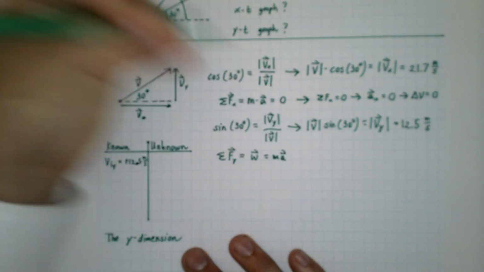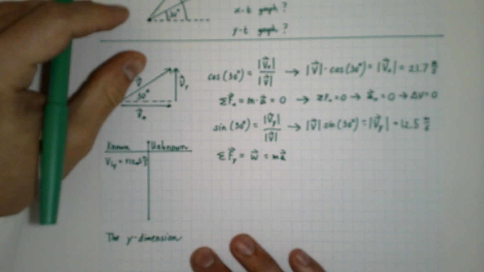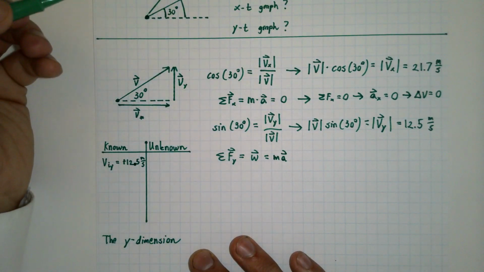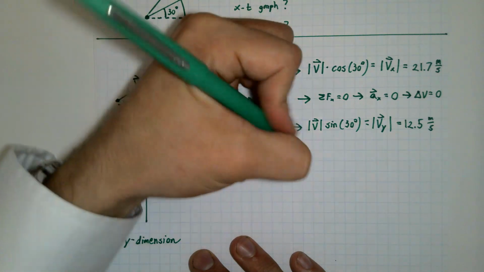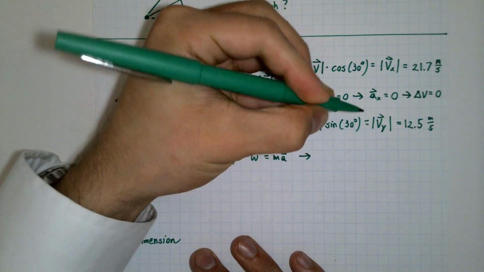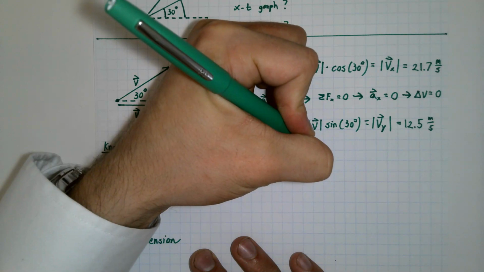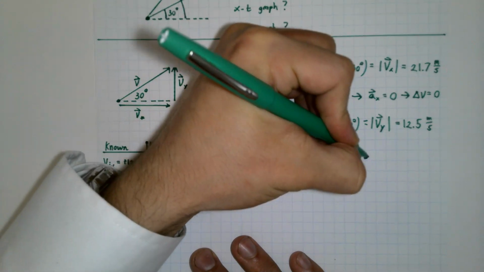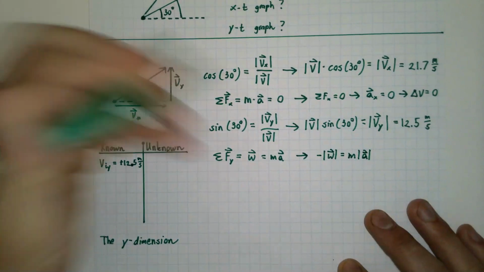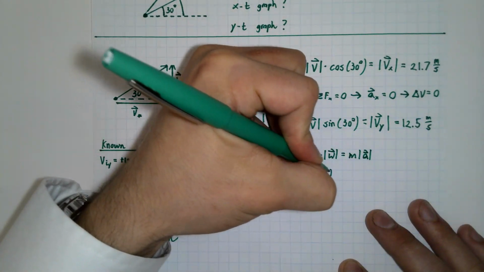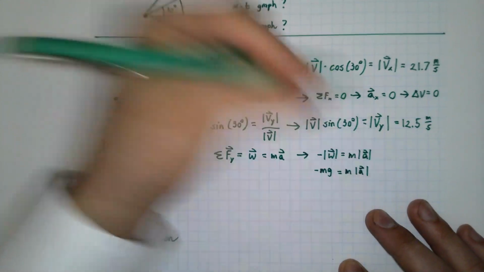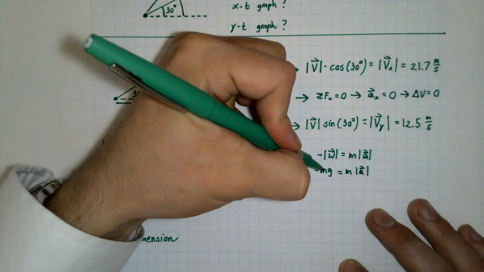This is equal to mass times the acceleration. This is not equal to 0, right, because there is a force acting in the y dimension. So we get that the weight, which is in the negative direction, so negative weight equals mass times the magnitude of the acceleration. We know that weight is mass times gravity. We see that mass is common to this equation on both sides.